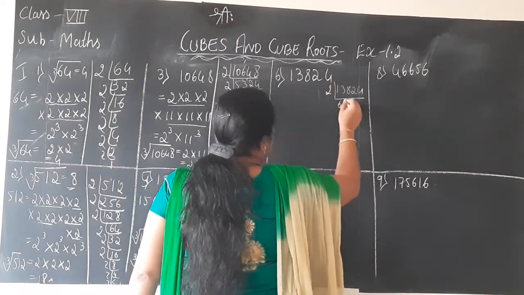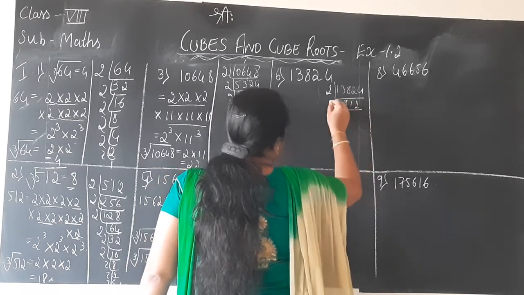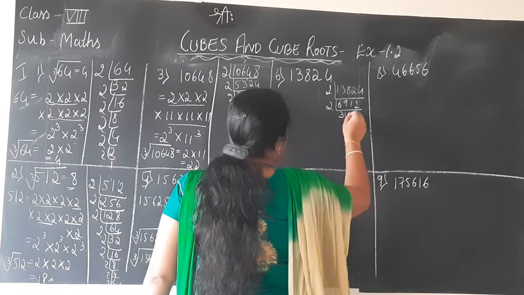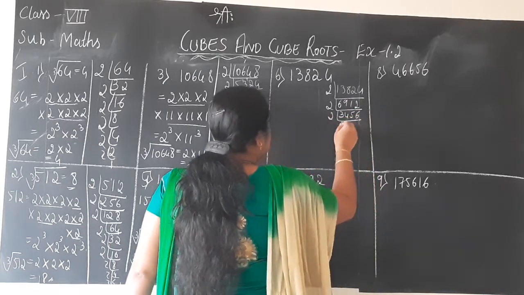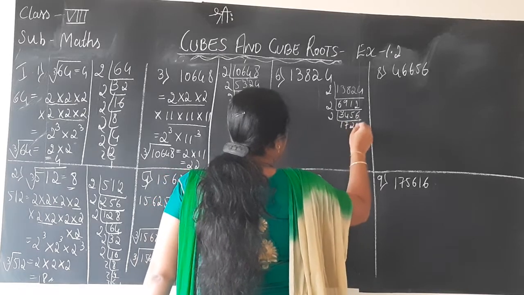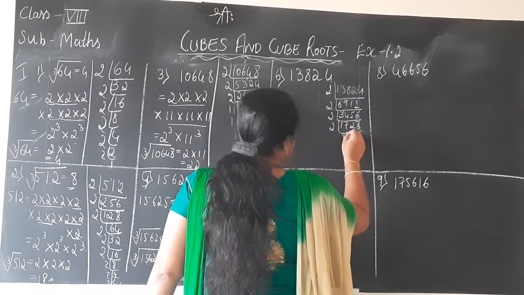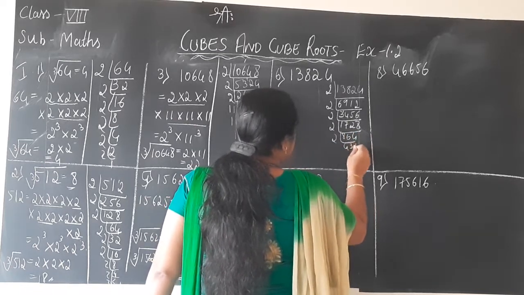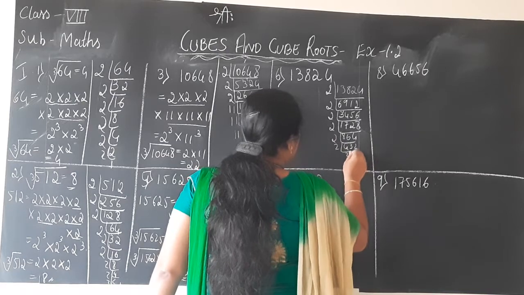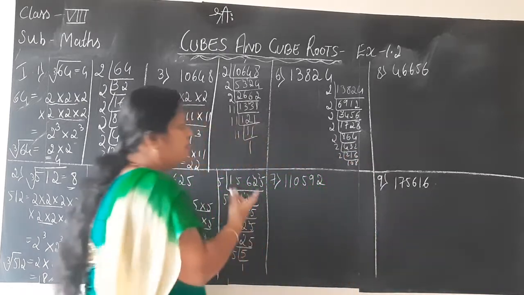2 6s are 12, 2 9s are 18, 2 1s are 2, 2 2s are 4, 2 3s are 6, 2 4s are 8, 2 5s are 10, 2 6s are 12, 2 1s are 2, 2 7s are 14, 2 2s are 4, 2 8s are 16. Why 108?